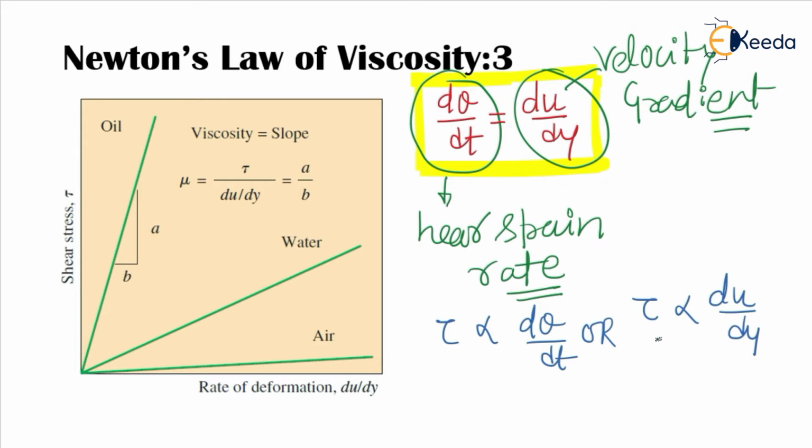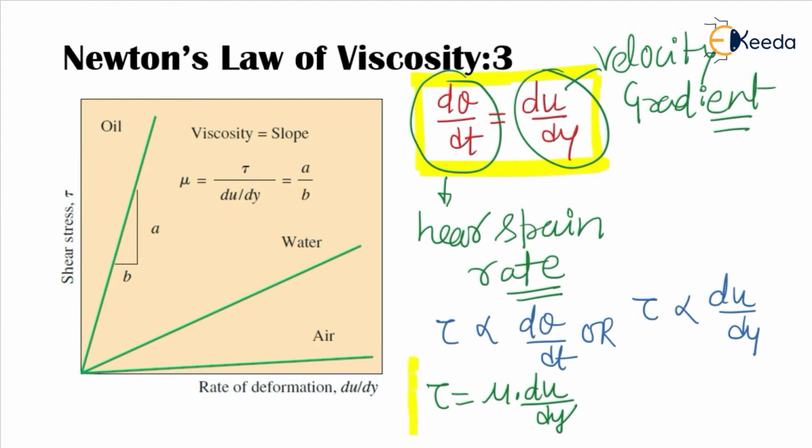So if you remove this proportionality, you have to introduce a constant, and that constant, this is Newton's law, that constant is actually viscosity. So if we remove this, we will be left with this equation, that tau is equal to mu du over dy.